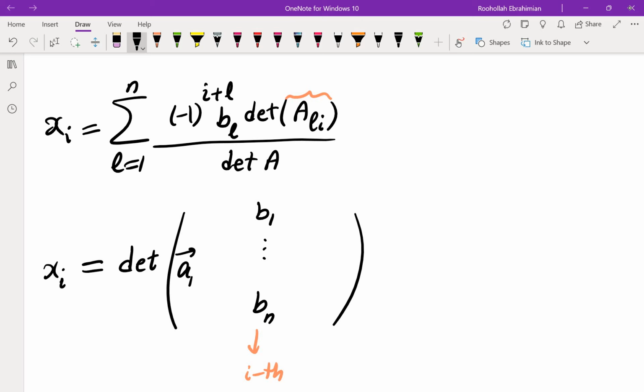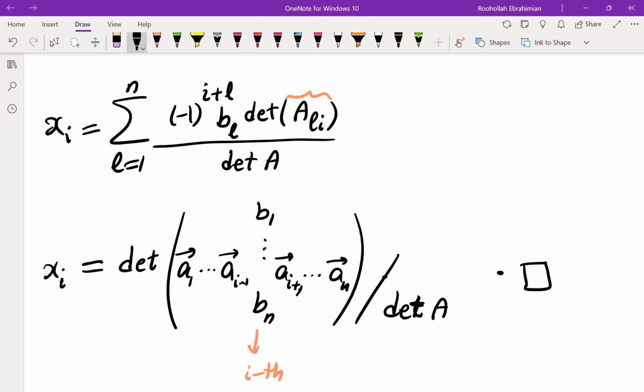So it would be A1, A(i minus 1), A(i plus 1), all the way to An. And then divided by determinant of A. That doesn't change. So this is how we can find all the solutions. And that's exactly what we had in Cramer's rule.